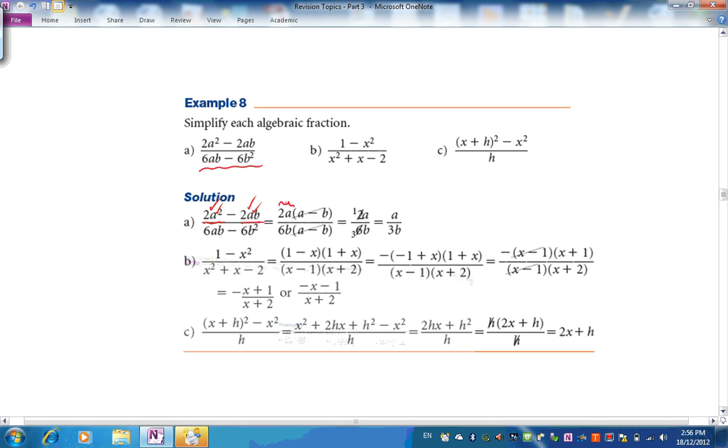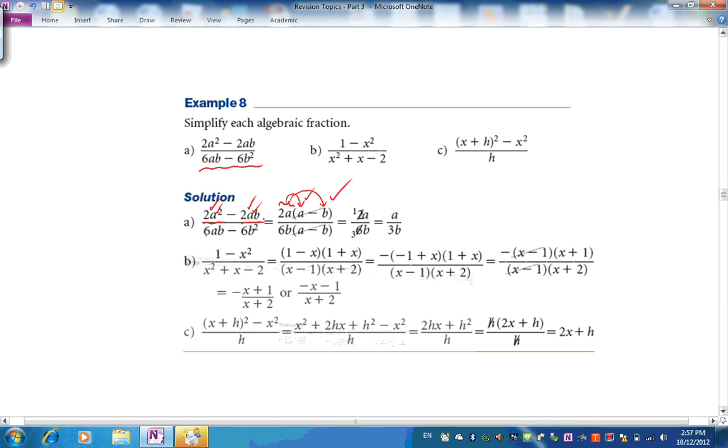Then what do I multiply 2a by to get 2a squared? That's an a. What do I multiply 2a by to get negative 2ab? It's a b. So by a combination of taking out the common factor, then checking with the expansion rules, I can give this top line a tick as being equal to 2a outside of a take b.